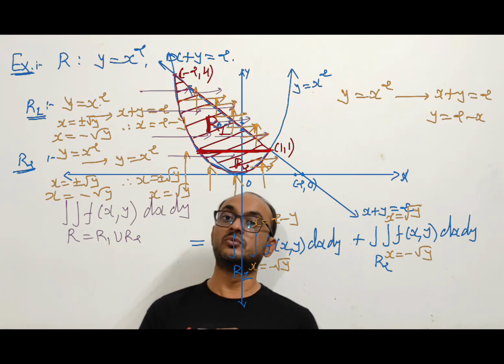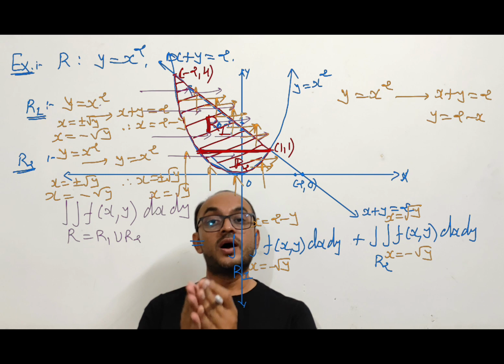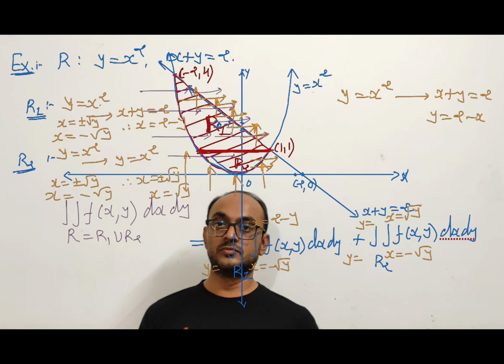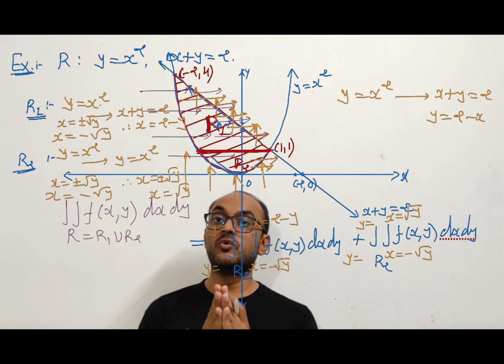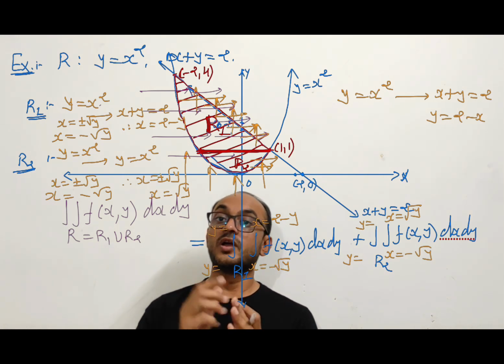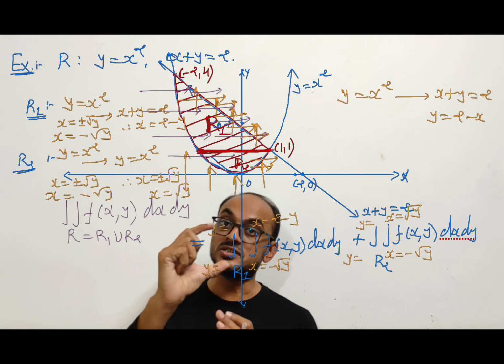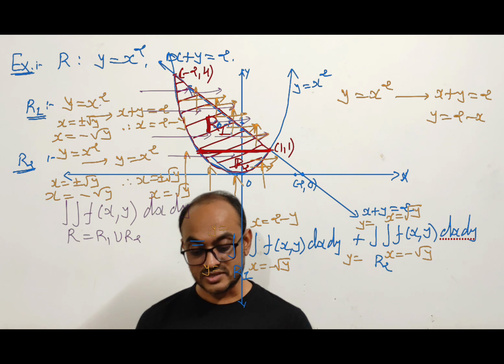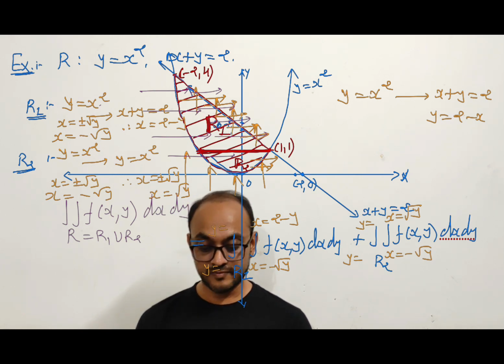What do we have to write now? Outer limit y must be constant. So let us write y for R1 and y for R2. Right. So what is y for R1? How much portion of the y-axis is covered by the region R1? This is the region R1.